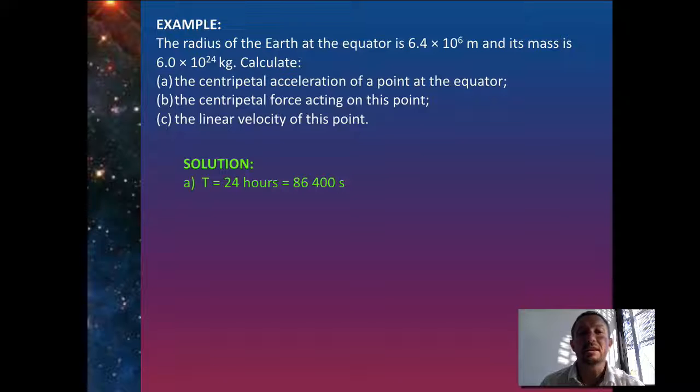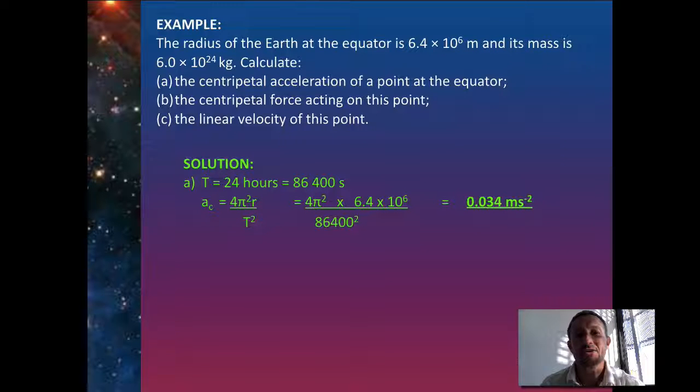So, the centripetal acceleration, firstly we need to know that the time period to travel is 24 hours, which is 86,400 seconds. So I can now substitute that into my formula, 4 pi squared r over T squared, and as a result I can get 0.034 metres per second squared for my centripetal acceleration.